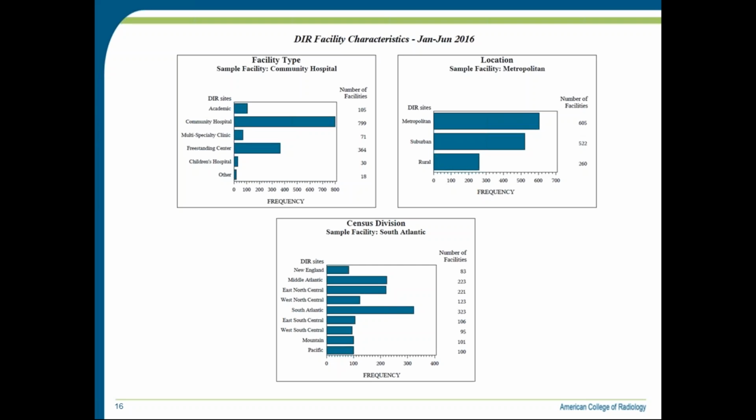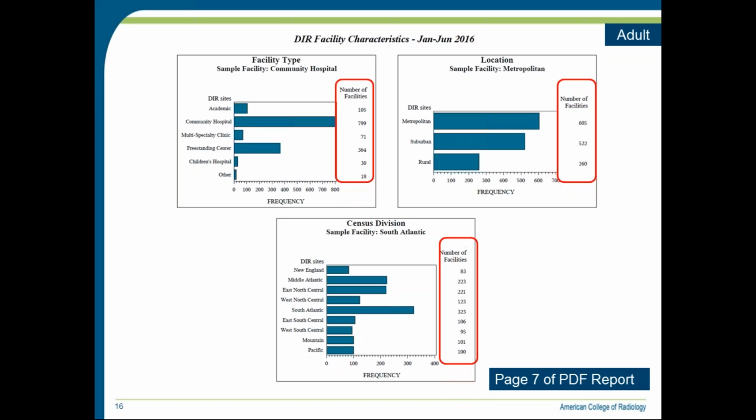So DIR is very representative of all the US facilities. You can see the boxes show you the number of facilities just next to the bar charts.